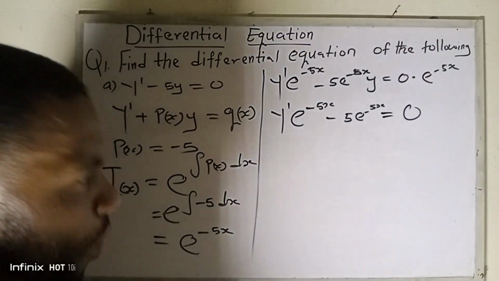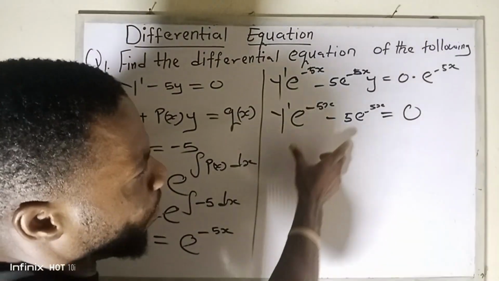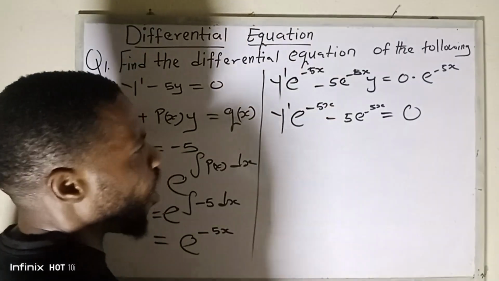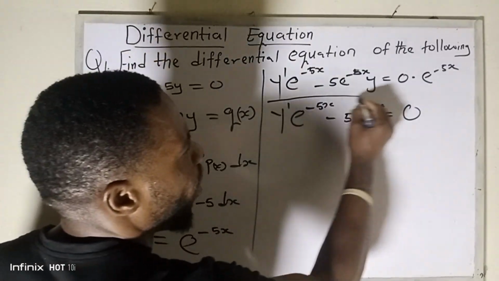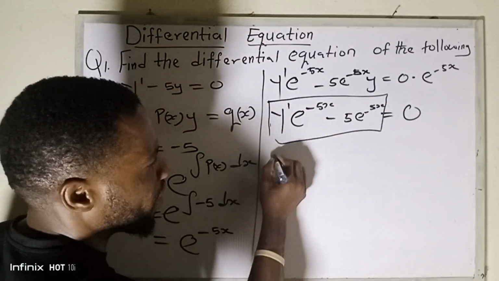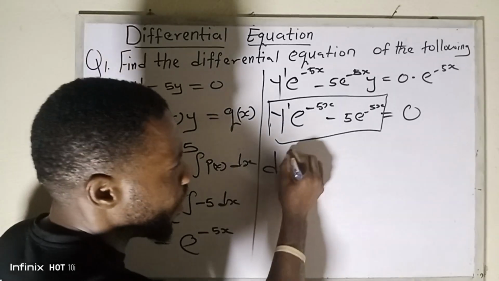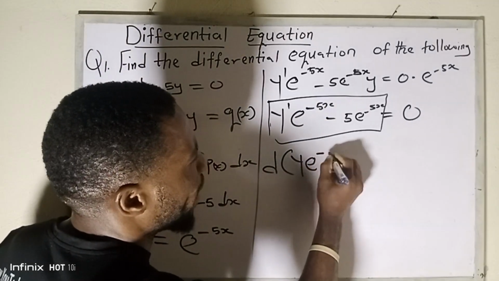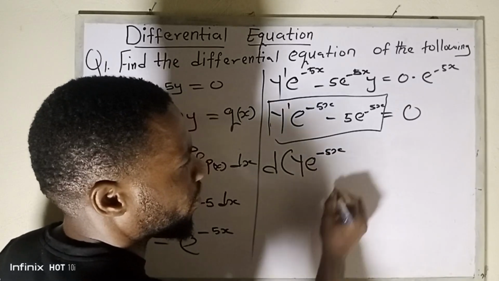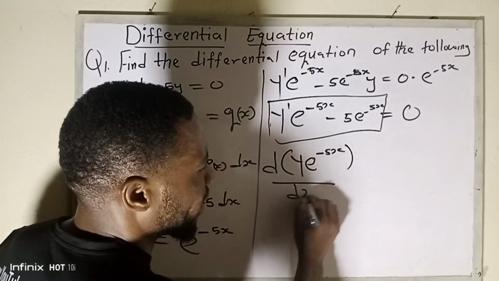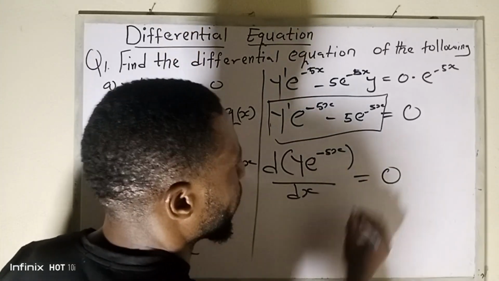Let's keep it simple. At this very point, all we need to do is write all of this as d over dx of y exponential minus 5x, which is equal to 0.